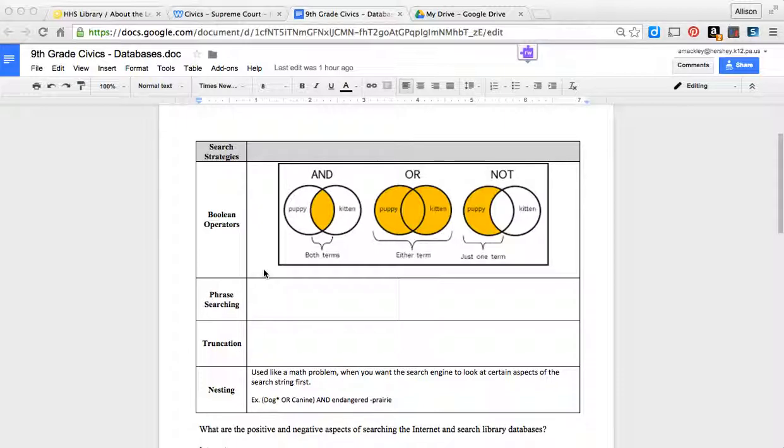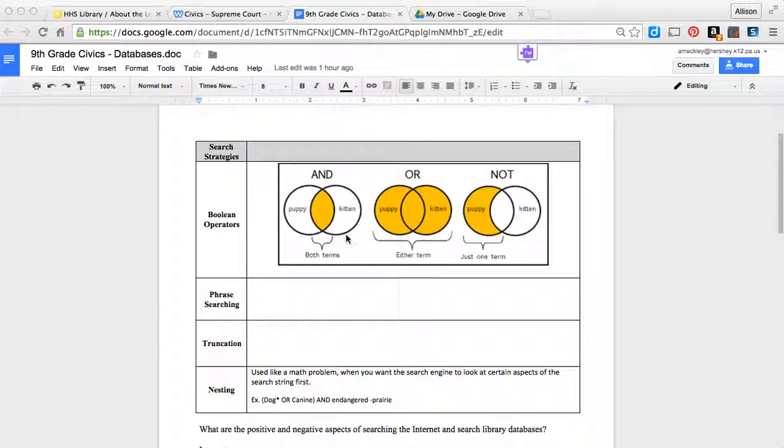If you imagine typing into Google the word puppy and then also the word kitten, all the results that come back with the word puppy are represented by this circle. All of the results that come back with the word kitten are represented by this circle. So if I put and, all capital letters, between those two words, it seems like it's going to expand my results.